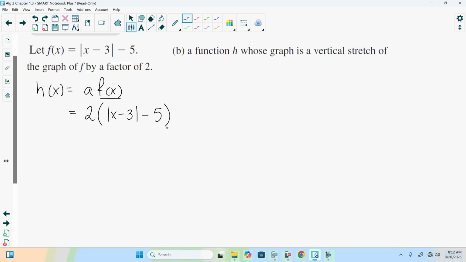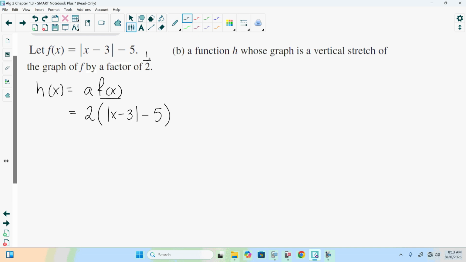Curious about the a, yes? Okay, yeah, because the a of f of x is the general form. A is telling us the amount that we stretch or shrink it by. Since it's a stretch of 2, a is 2. If it was a vertical shrink, let's say 1/2, a would be 1/2.